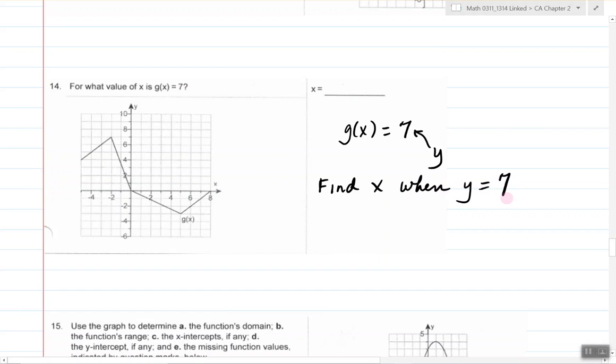Okay, so when y is 7, I'm up here and I'm looking to see where the graph has a point there, and it's right here. So what is that ordered pair? That is negative 2, comma 7. So what they want to know is what's the x when y was 7, and it was negative 2.